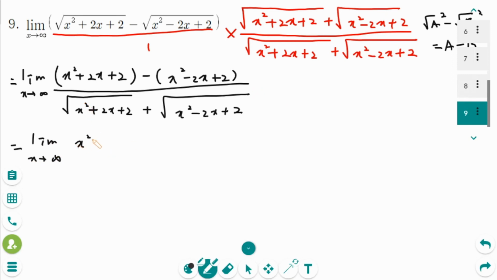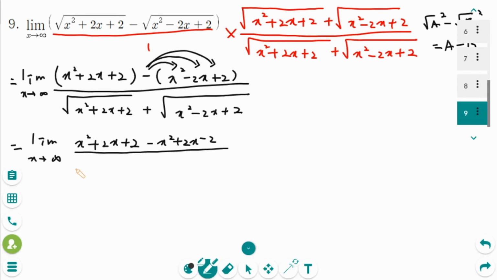So this one is x squared plus 2x plus 2, then expand, minus x squared plus 2x minus 2, over the same thing, and this cancels out.